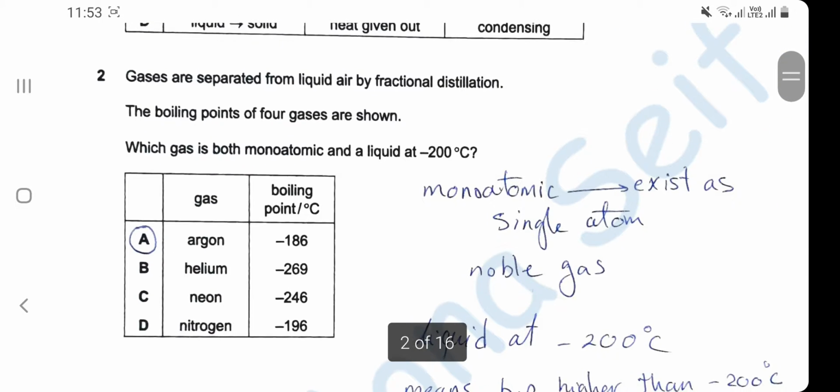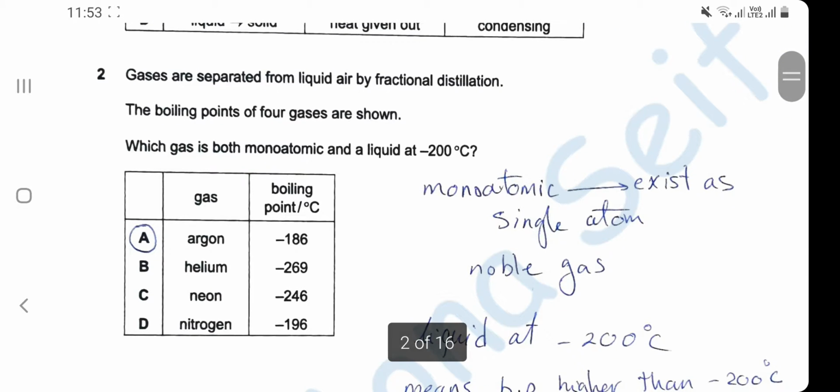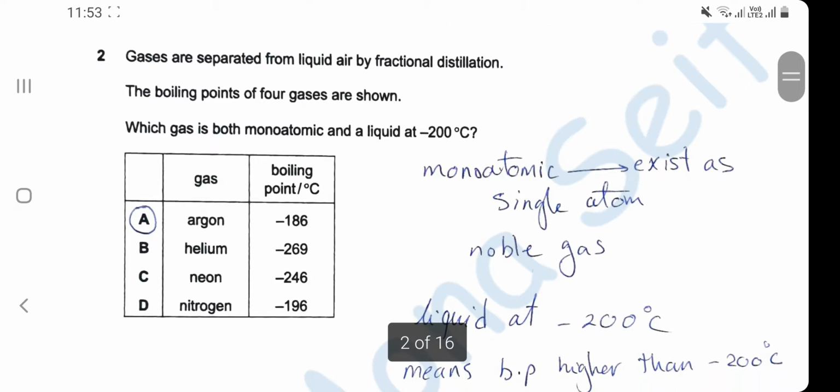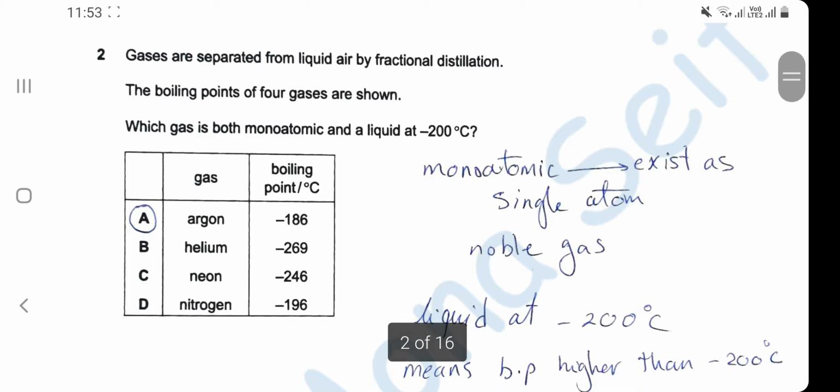The second question here, gases are separated from liquid air by fractional distillation. And this is a common question when they ask you about how to separate nitrogen from air. Nitrogen is separated by fractional distillation of liquid air.